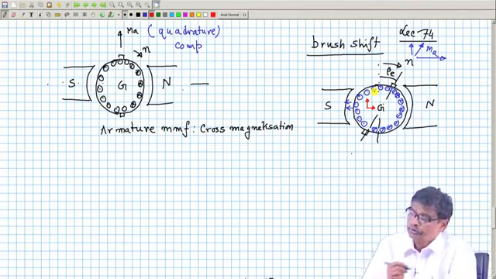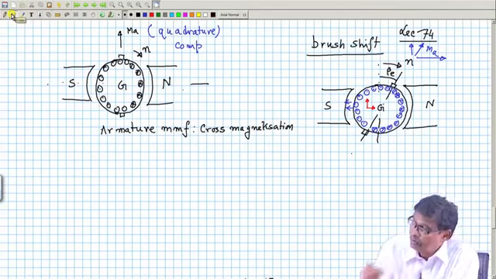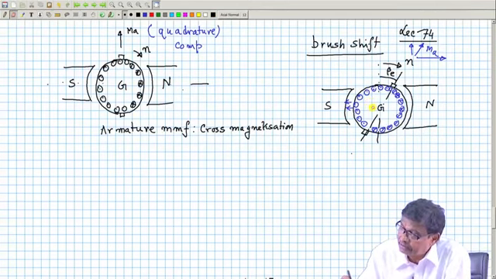Now, how do we estimate how much is demagnetization and how much is cross magnetization?